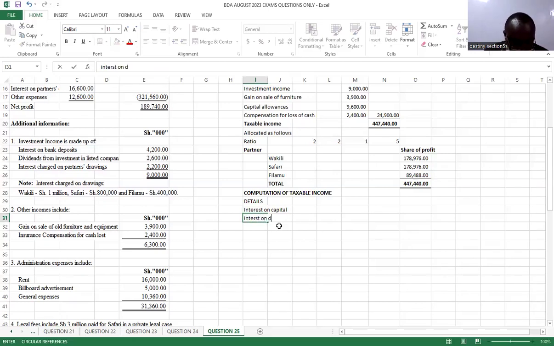Then we will have salaries, or you could even have started with salaries, whichever. Then we have the profits, so that based on that we will have the taxable income.